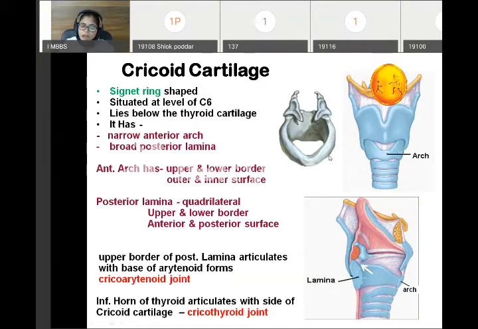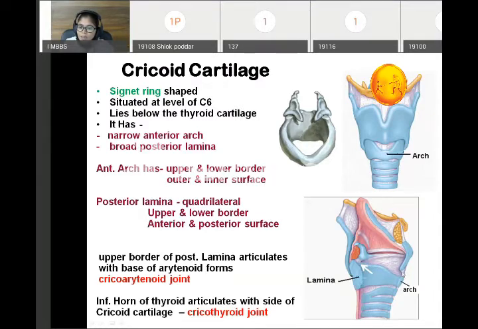This is the anterior arch. This is the upper border of the anterior arch. You can see this anterior arch is sloping downward and forward, and this is the upper border. This is the lower border. This upper border has an inner lip and an outer lip. The inner lip of this anterior arch gives attachment to one membrane, that is the conus elasticus.